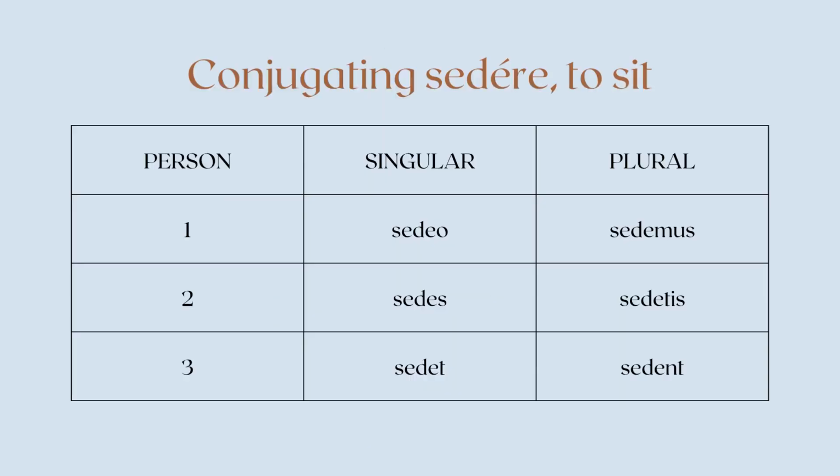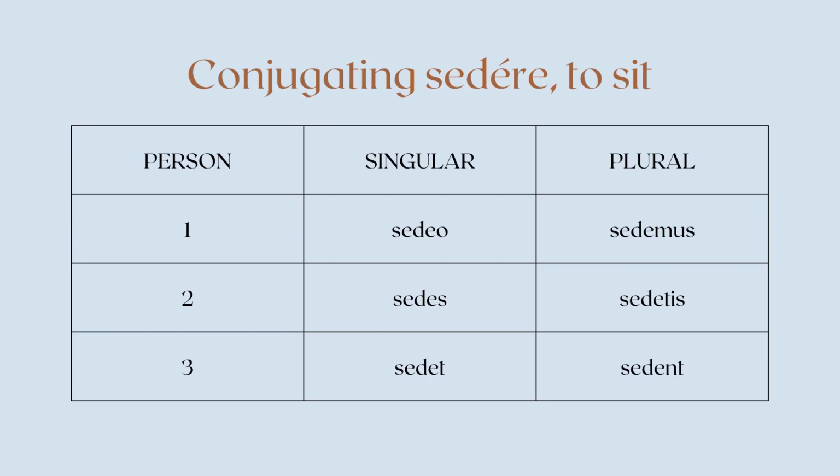So let's see how one of these verbs is conjugated. You'll see the personal pronoun endings with which you're already familiar, but this time they're preceded by the letter E instead of the letter A, as with the first conjugation verbs.